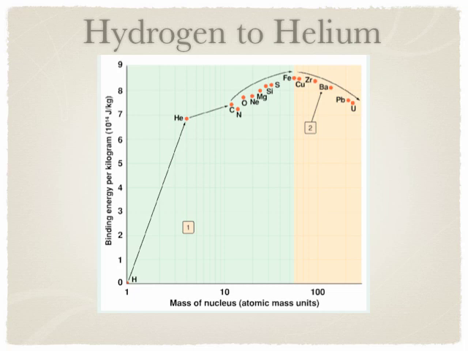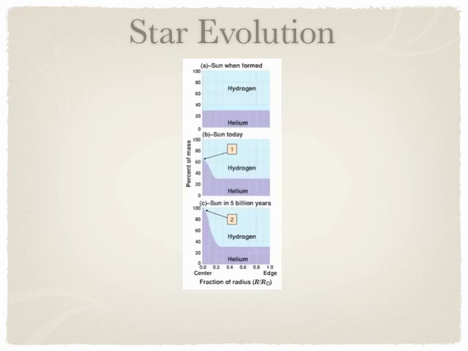And what happens for very big stars that go through a sequence of creating these heavier elements, eventually it gets to iron, and their nuclear furnace in their cores will actually stop. So here's a stellar evolution for our sun. When it was formed, it was mostly hydrogen and somewhat helium, about a quarter.